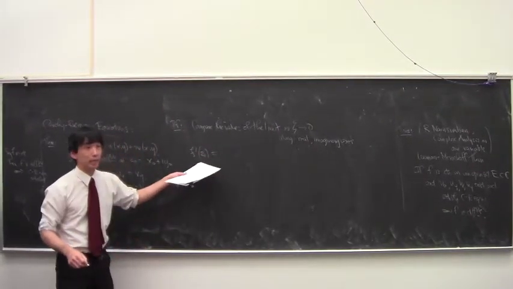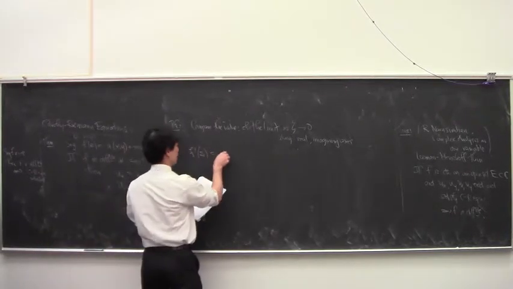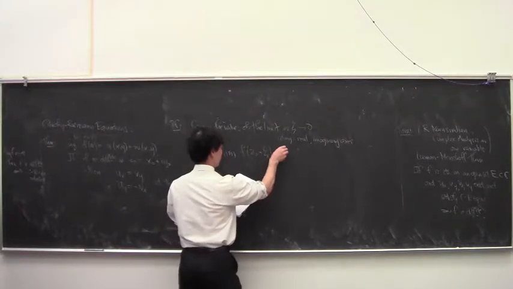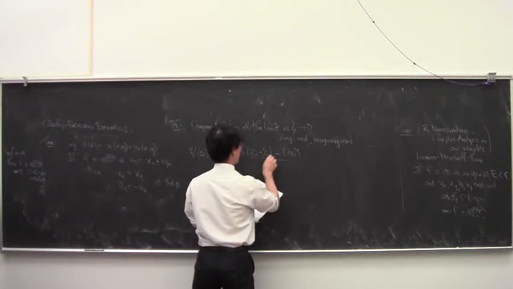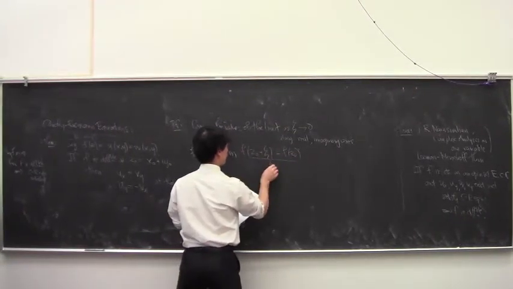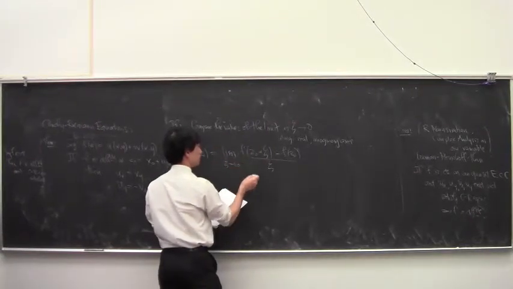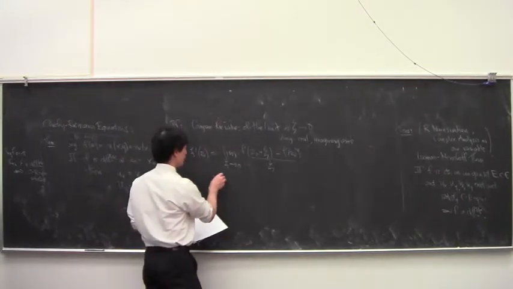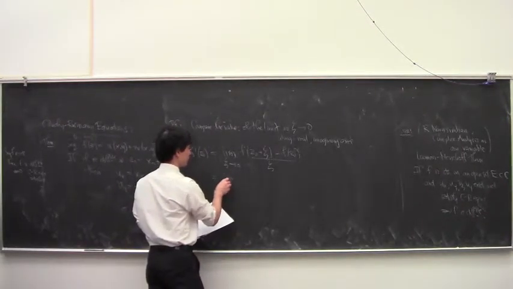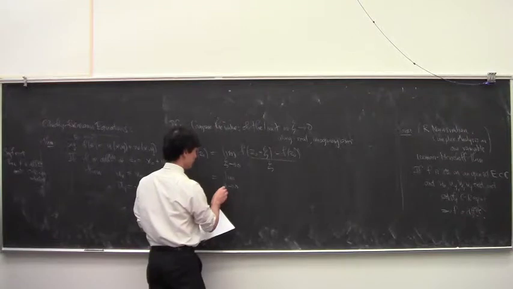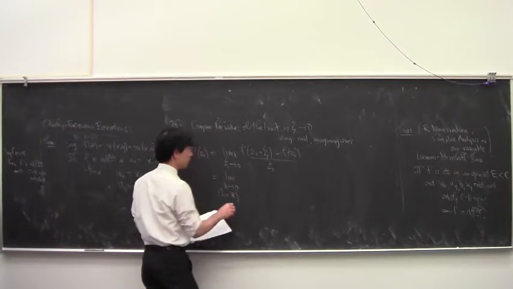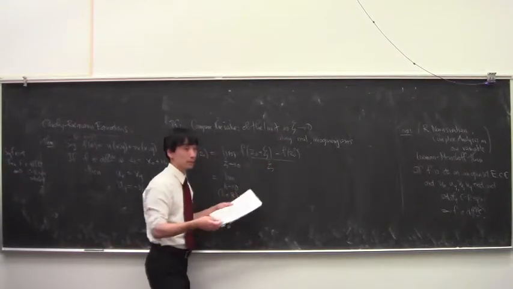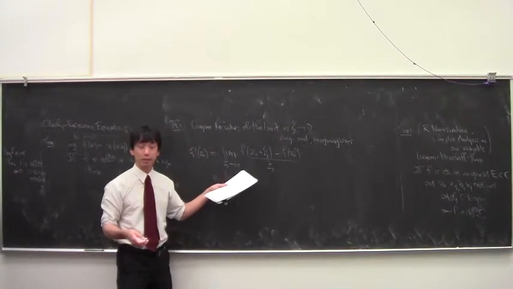The limit exists, right? This derivative exists. That means that this limit, f of z naught plus zeta minus f of z naught over zeta, as zeta goes to 0, exists and equals this thing. So the limit existing should mean that if we take a real number, let h be a real number, and we examine that limit, then that is going to be the same as this limit.